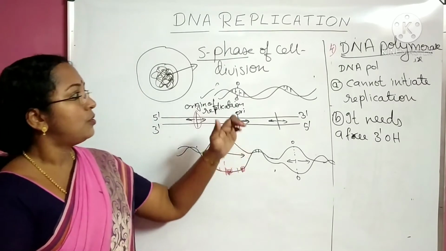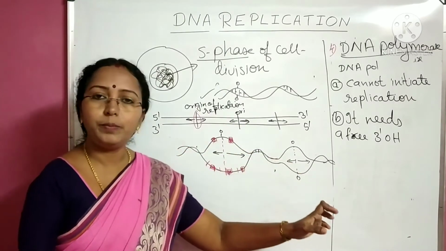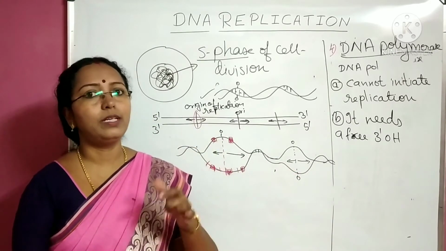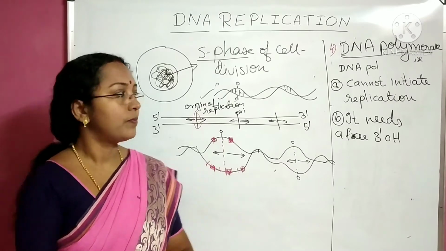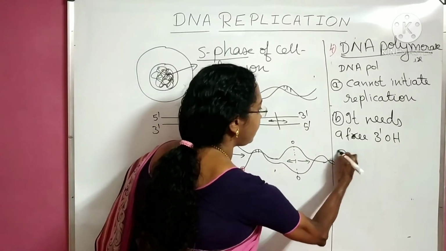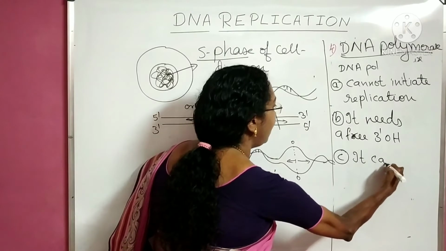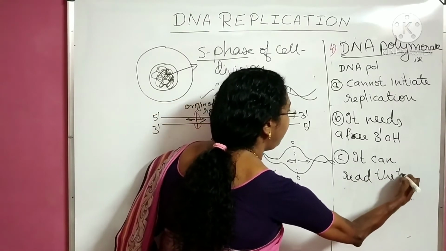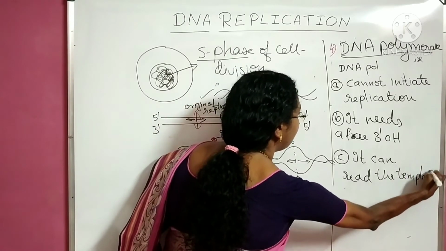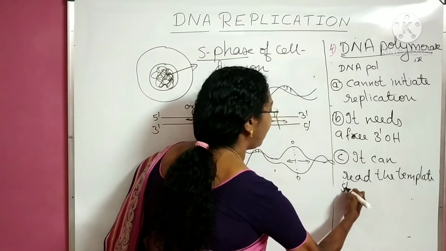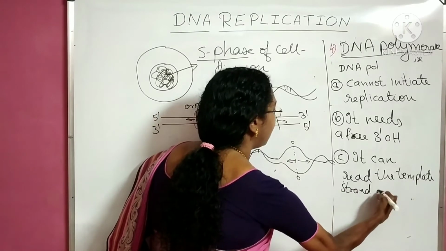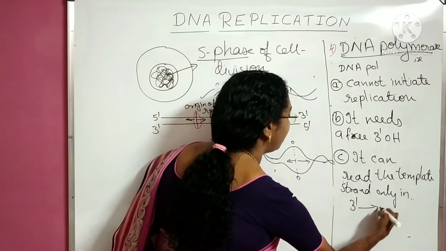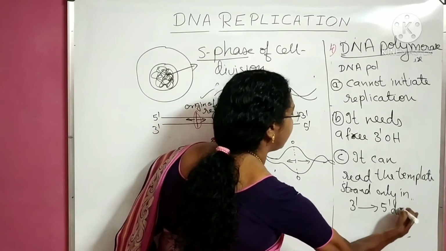Okay. So two features we have learned. It cannot initiate replication. Second feature, it needs a free 3' OH for that initiation to happen. And the third feature, it can read the template strand only in 3' to 5' direction.